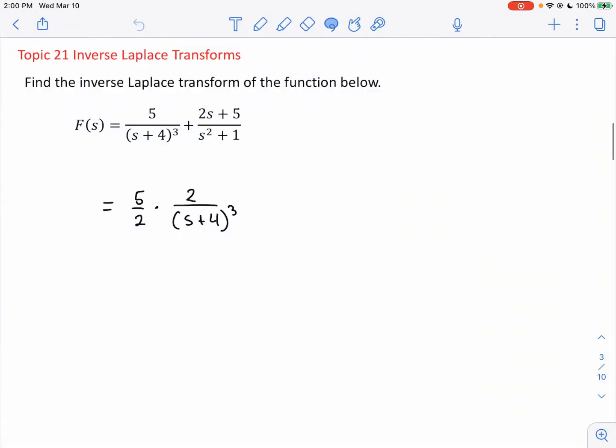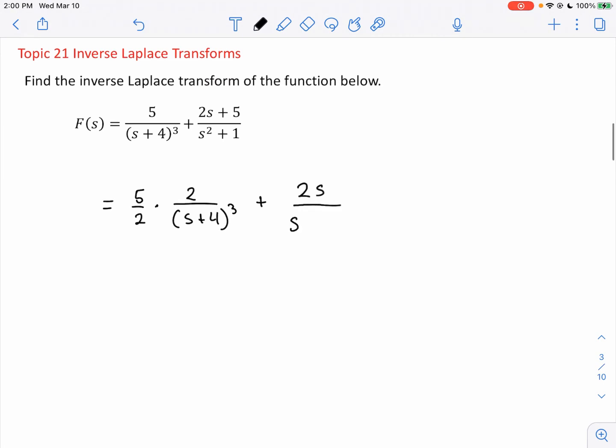So what we're going to have to do here is a little bit of algebra manipulation. I'm going to do 2s divided by s squared plus 1 plus 5 over s squared plus 1. So split the s squared plus 1 up under each component of the numerator. So we have 2s over s squared plus 1 and then plus 5 over s squared plus 1.